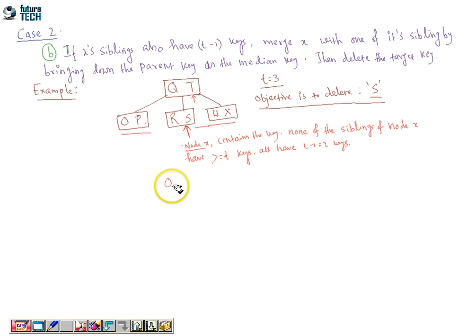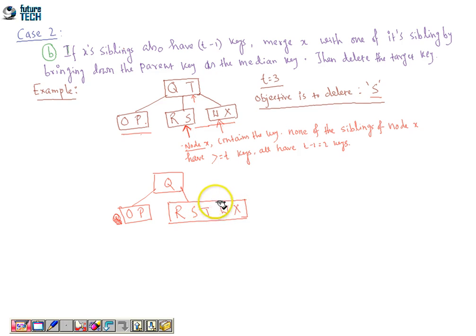After merging we have Q in the parent. Say we are merging this node X with the node that contains W and X. After merging it will be OP here, and T will come to the child RSTWX.